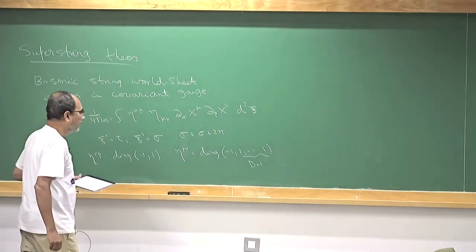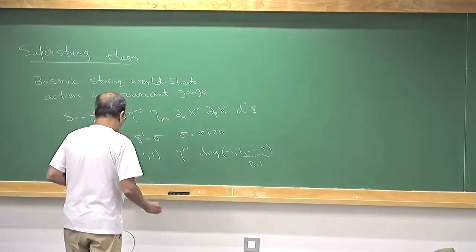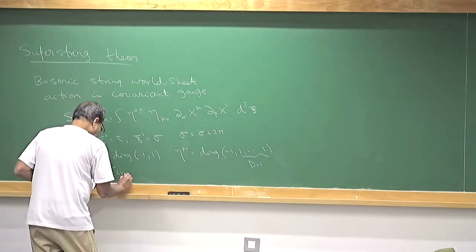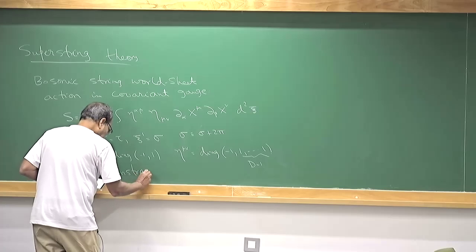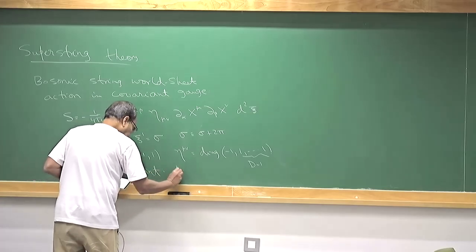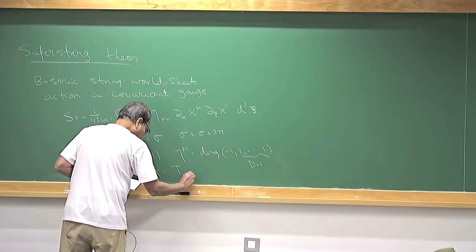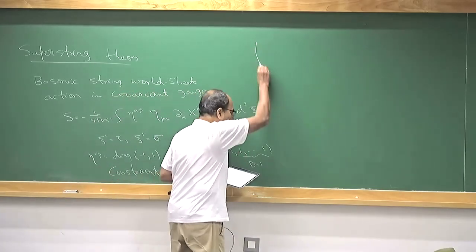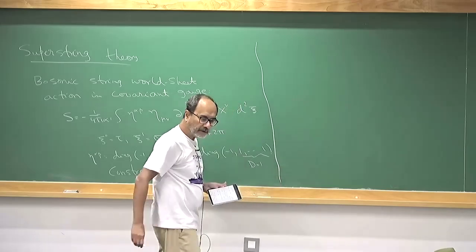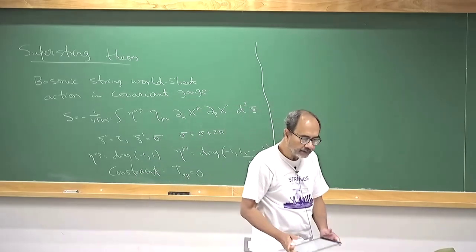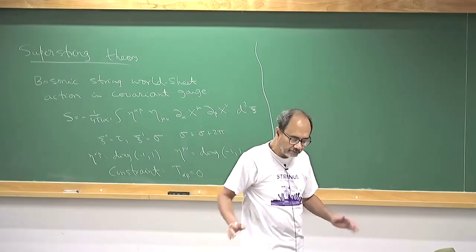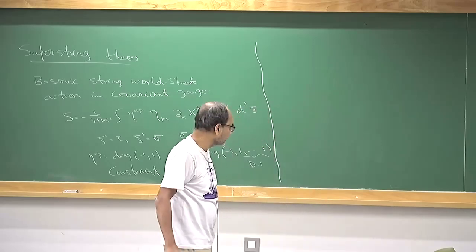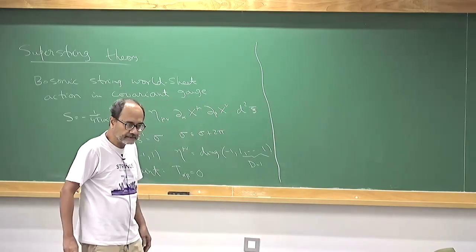And then we had a constraint that we have to have T alpha beta equal to 0. Okay. Now, this was, of course, not the starting point of formulating bosonic string theory. Okay, we had started from a worldsheet diffeomorphism invariant action and then gauge fixed to get to this form.